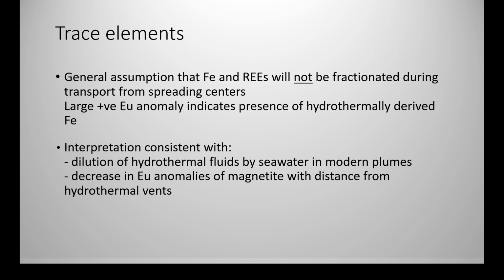Another interpretation is that the dilution of these hydrothermal fluids, which carried the iron, would decrease Eu anomalies as the distance from the hydrothermal vent increases. And this has been proven by looking at these different trace element profiles.